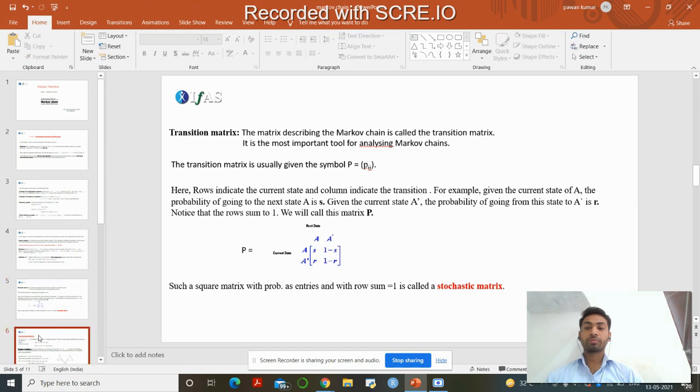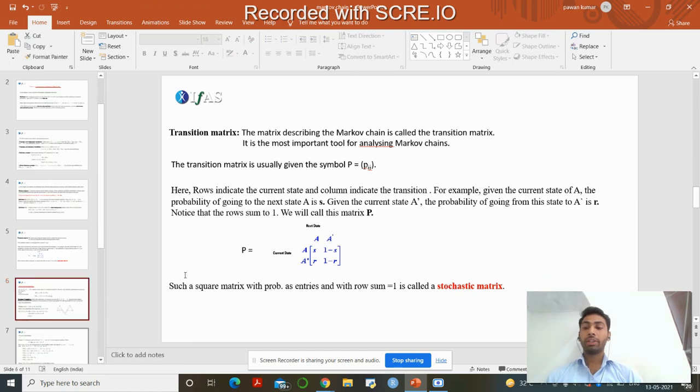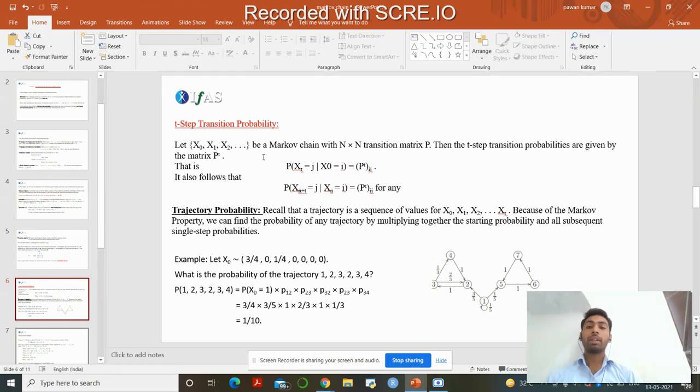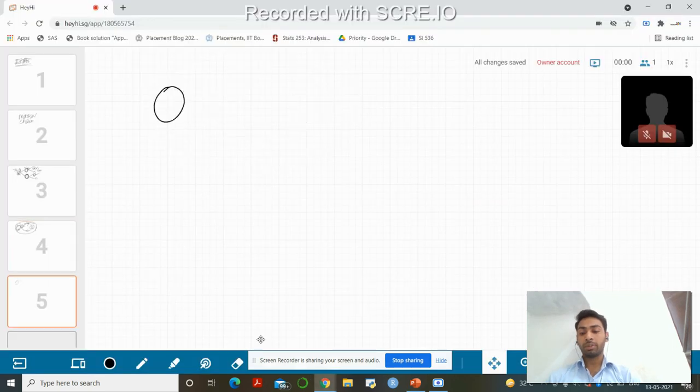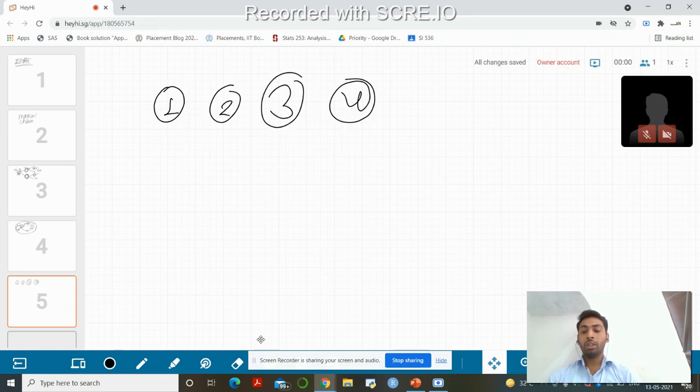Now we define the t-step transition probability. Let X0, X1, X2, and so on be a Markov chain with n cross n transition matrix P. Say our state space is 1, 2, 3, 4.